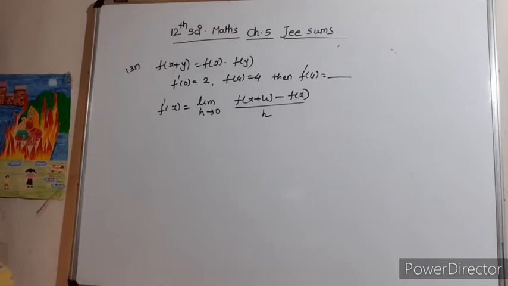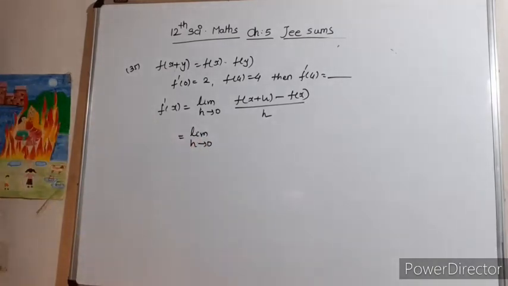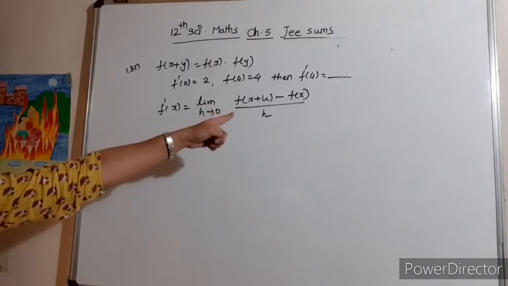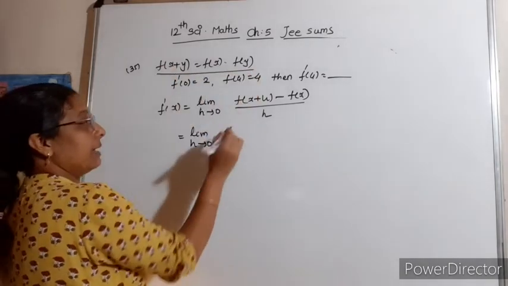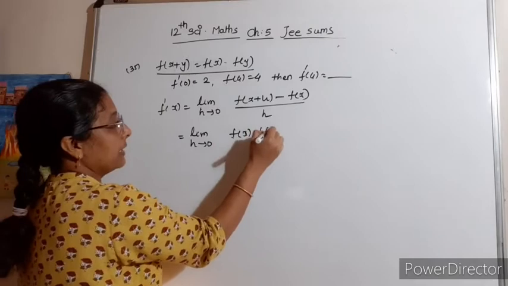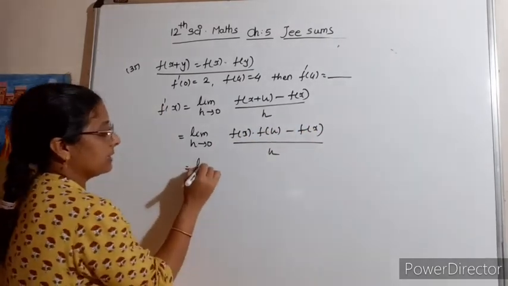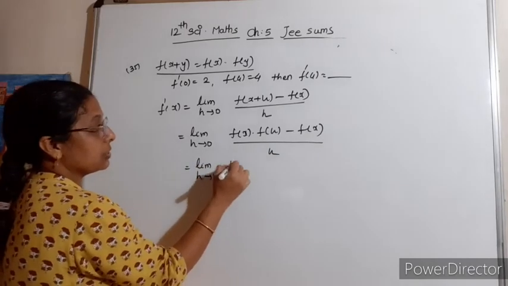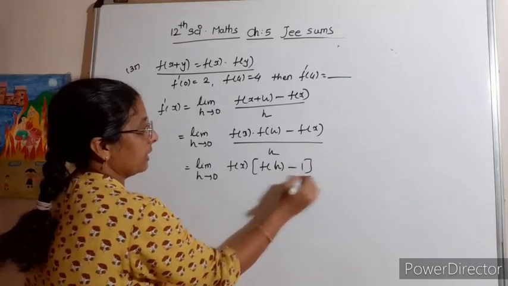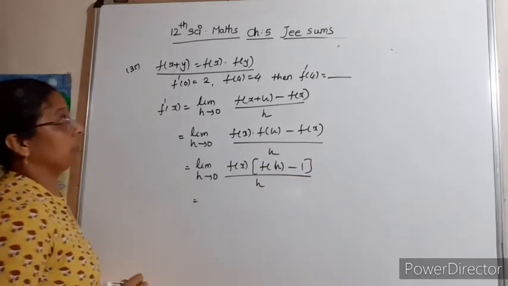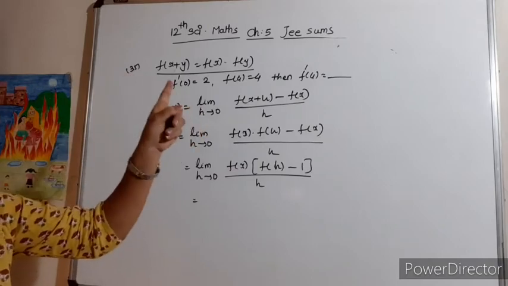Now what? Here limit h tends to 0. What can you write instead of f of x plus h? Tell me first. From this एक बार कर दिया है हमने. So f of x into f of h is equal to limit h tends to 0, f of x common, f of h minus 1 upon h. Again यहाँ पे f of 0 is not given, पर हमने आगे एक बार किया था.